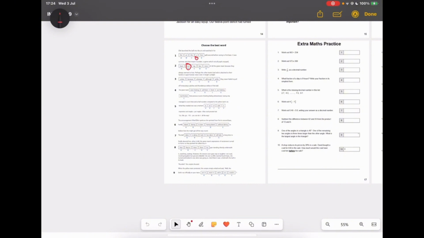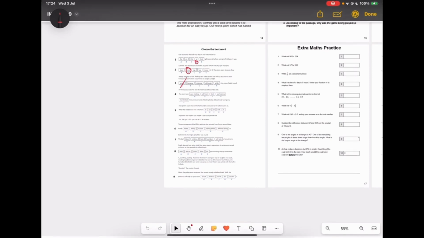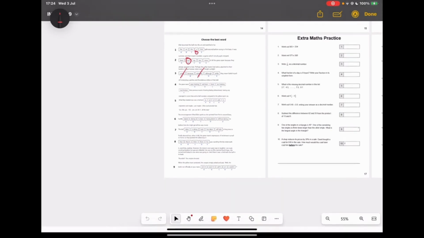The other teams had Velcro attached to their hands. It's not going to be unless, not whereas, not although, and not while, so it's going to be B, because they never failed to pull off miraculous catches and thunderous strikes of the ball.